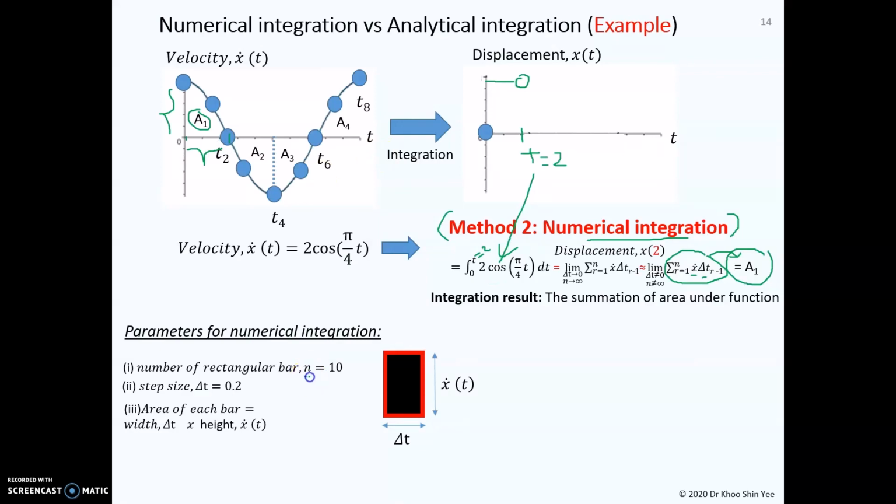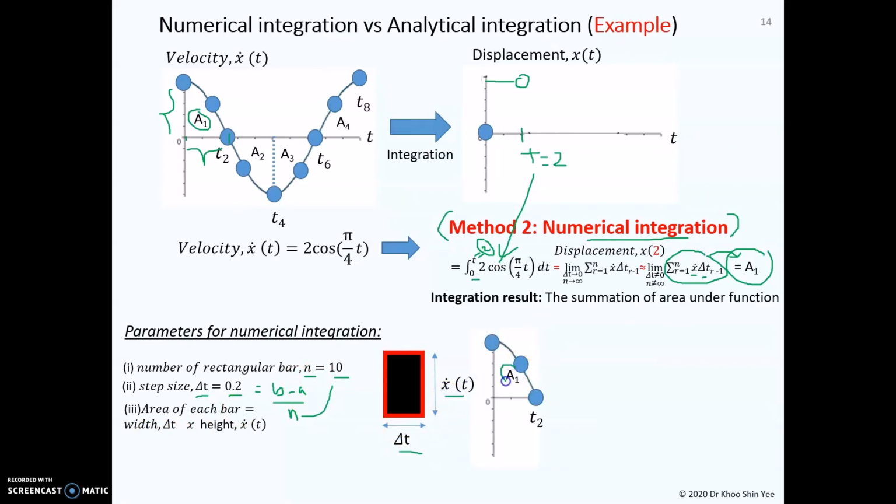If we let the parameter n equal to 10 bars, then the step size delta t will be equal to 0.2, which is equal to (b minus a) divided by n. b is the upper limit, which is equal to 2, a is the lower limit 0, and n is equal to 10. The area of this bar is equal to the width multiplied by the height.